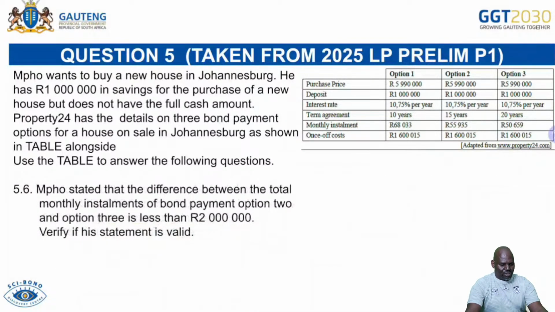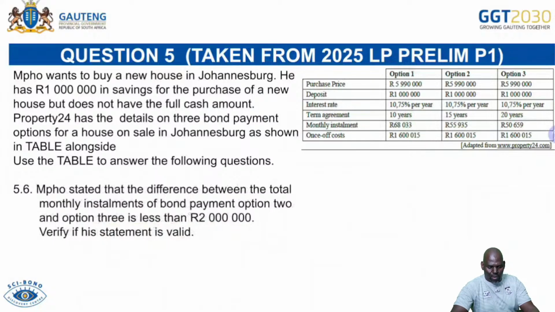Okay, then number 5.6. Mpo stated that the difference between the total monthly installments of bond payment option 2 and option 3 is less than 2 million. So we're going to look at the monthly installments.